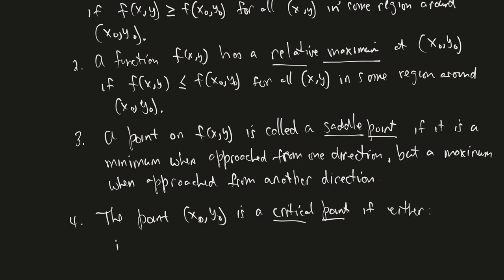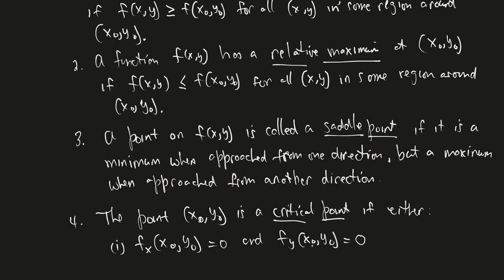The first thing: the partial derivative with respect to x evaluated at that point is equal to 0, and the partial derivative with respect to y evaluated at that point is also 0.